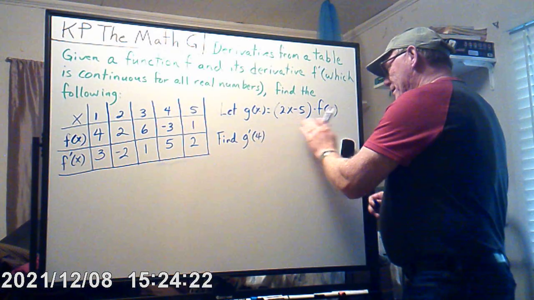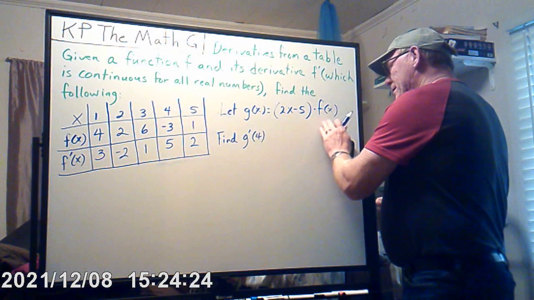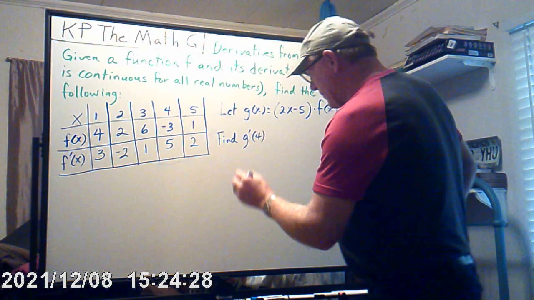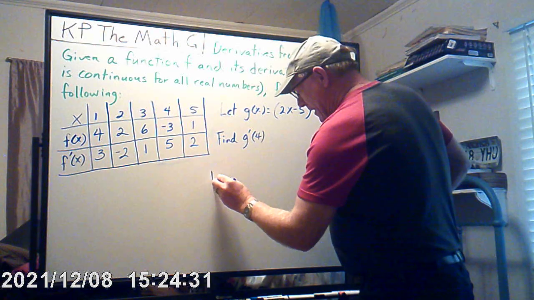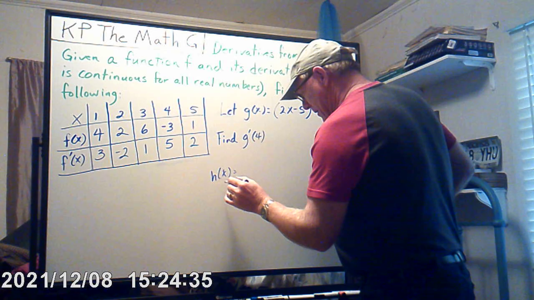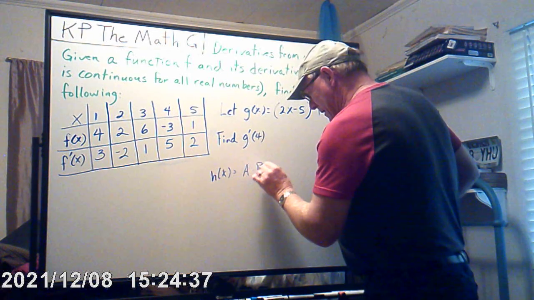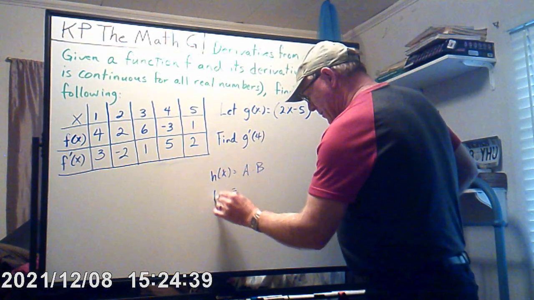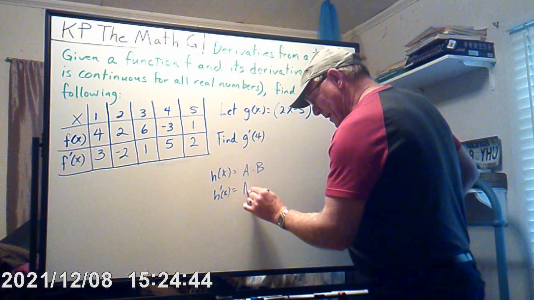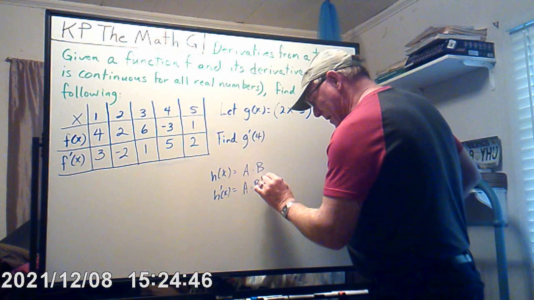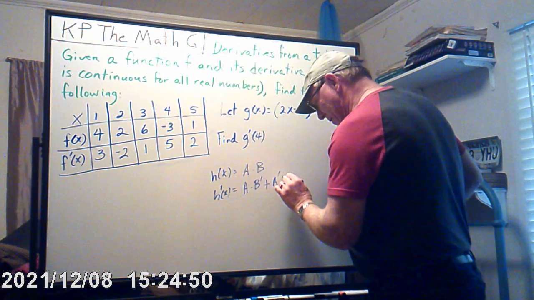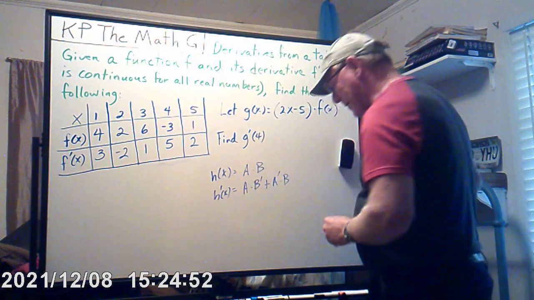Now, this right here is the product rule. Remember what the product rule is. If you had say h at x being equal to a times b, then h prime is going to be equal to a times the derivative of b plus the derivative of a times b, like that.